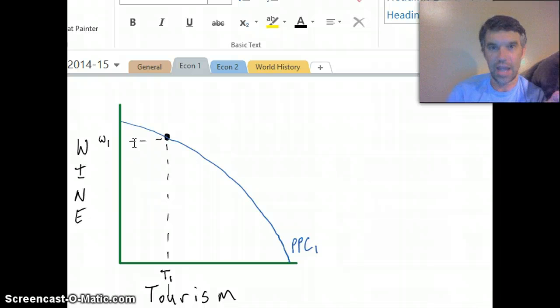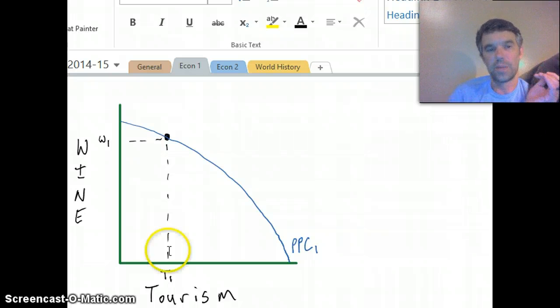I don't need to give it an actual value. You could call it 100,000 barrels of wine, but W1 works too. So I can say if they choose to produce W1 barrels of wine, they can only produce T1 tourism. And that becomes important once I show the change that's going to happen after the earthquake.